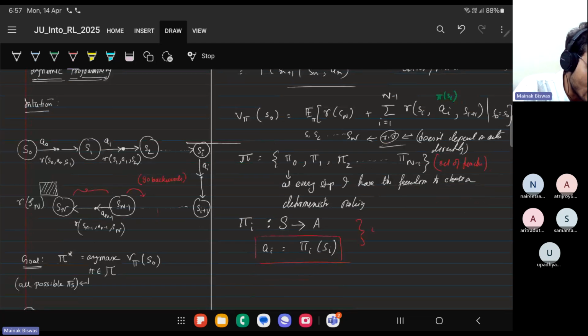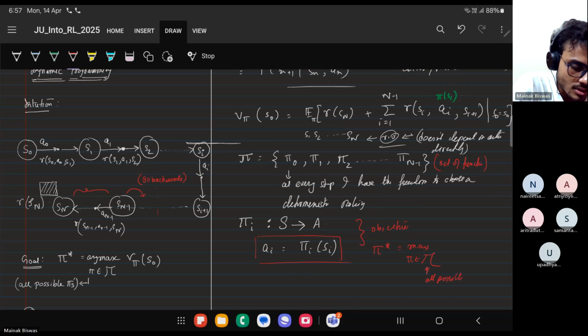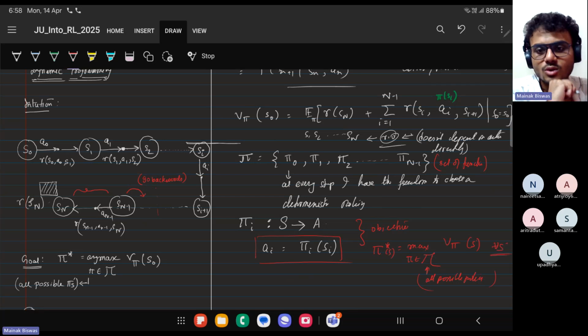The objective is to find that pi, or the set of functions, such that, say this is all possible policies, it maximizes V pi of S for all S. Yes or no? This is what we have been trying to do. We are trying to maximize the value function of every state. That's it.